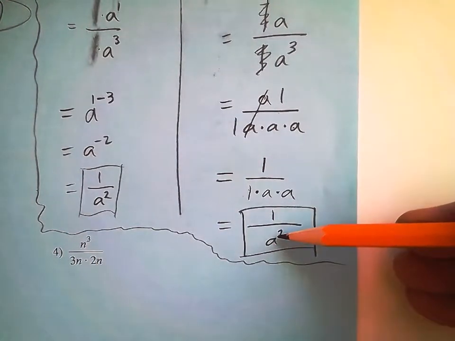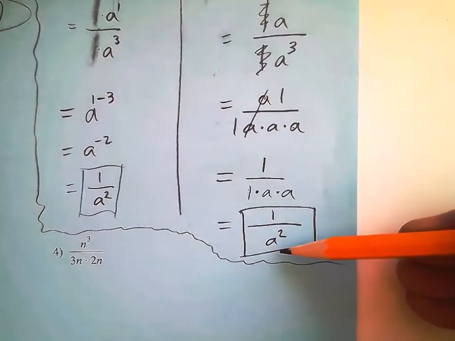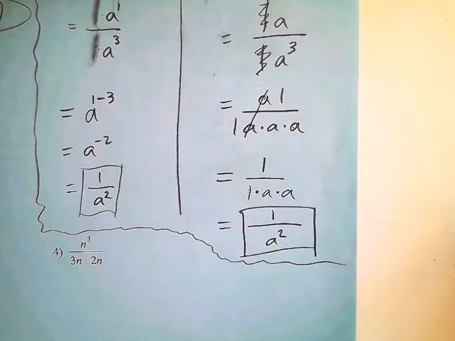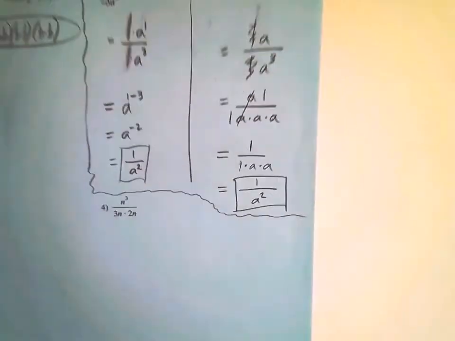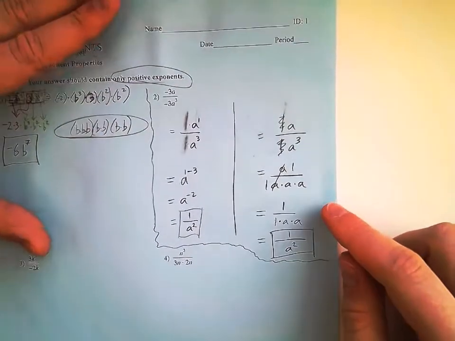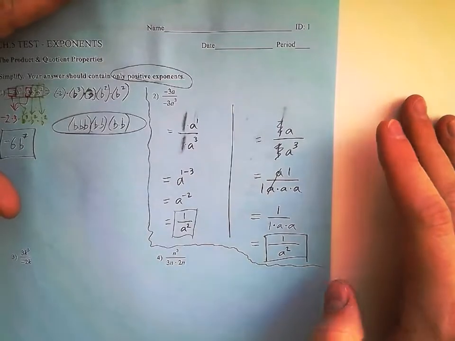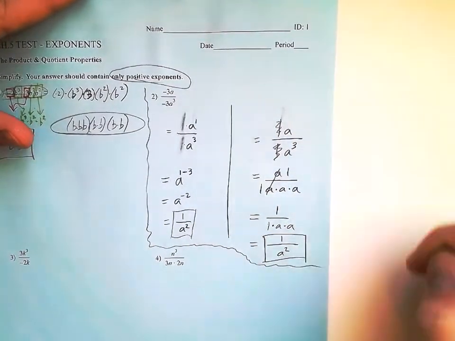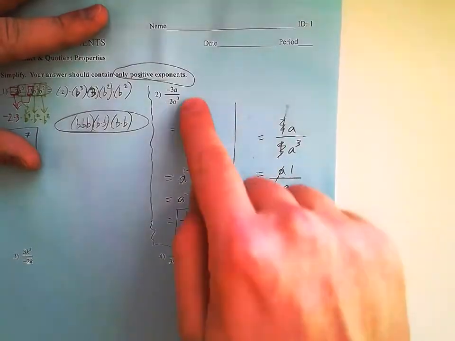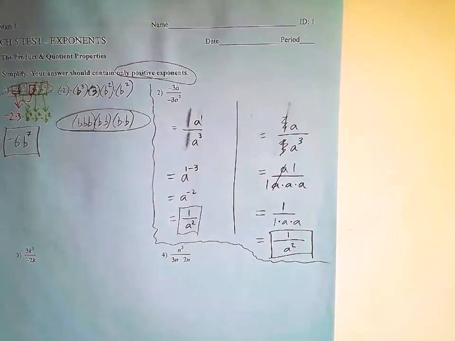Like, say a is 3. 3 squared would be 9. So this would be 1/9. We don't know what a is, though, so you got to leave it like this. But careful, if there's nothing left on the top of a fraction, don't just pretend it's not a fraction. Put a 1 on the top. So either one of those ways is good. You don't need to put both. All right, let's keep moving.